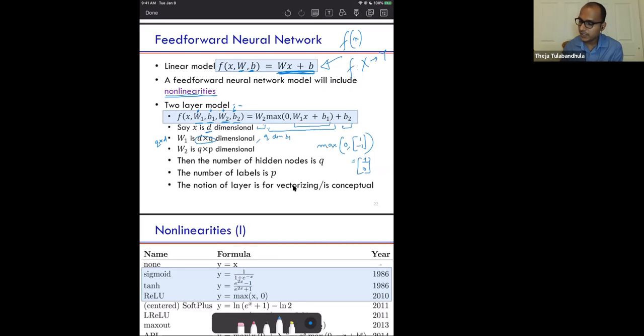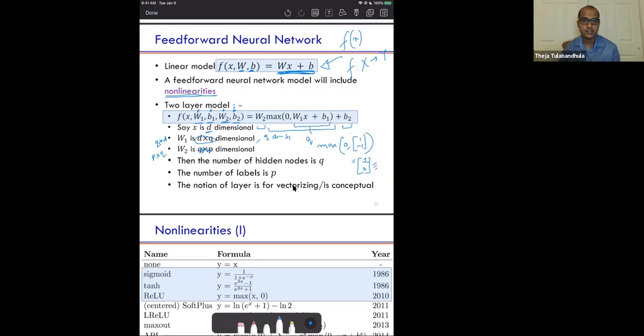Similarly, W2 is going to be P cross Q, because W1x plus B1 is going to be Q dimensional. Let's say Q is 5, so it's a 5-dimensional vector. So max of 0 and a 5-dimensional vector, you'll get some vector like this, which is still going to be 5-dimensional.